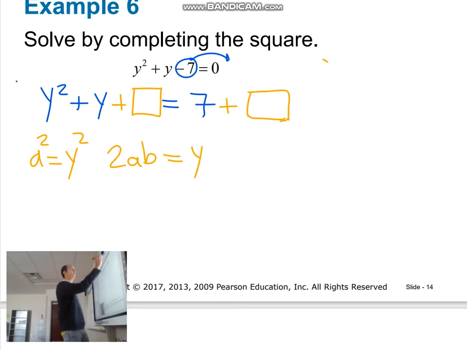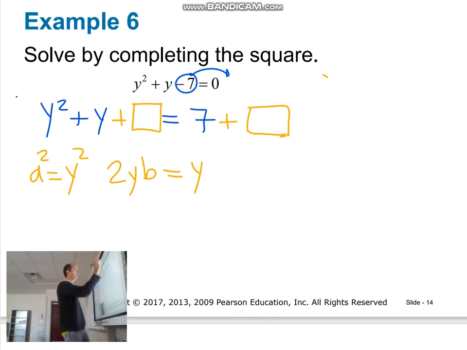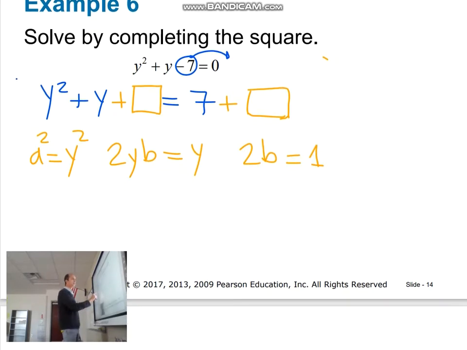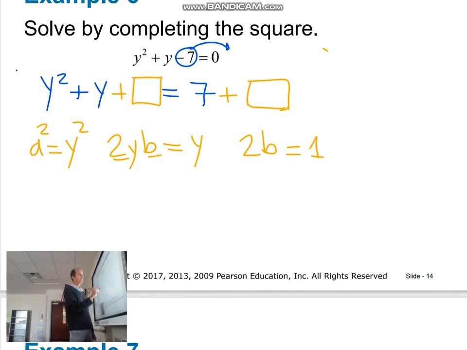We know that a squared equals y squared, that means a equals y. And that means 2 times b equals 1. 2 times b is 1, b equals what? 1 over 2.